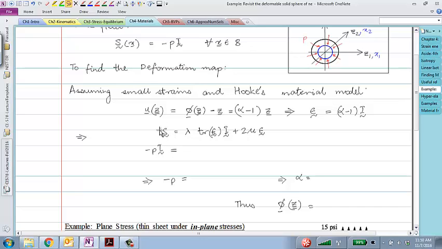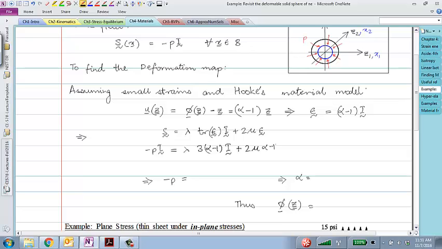On the left hand side, we said stress is equal to minus p times I. I'll write lambda times the trace of epsilon, if that's my strain, 3 alpha minus 1. Okay, so 3 alpha minus 1 and identity as it is, plus 2 mu epsilon again.